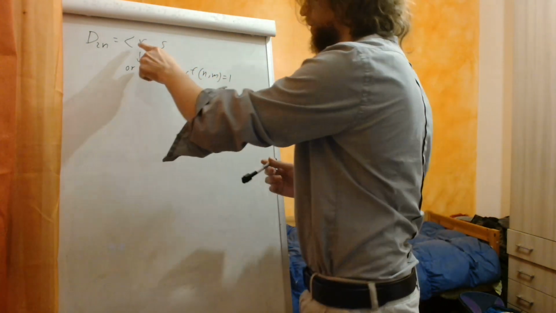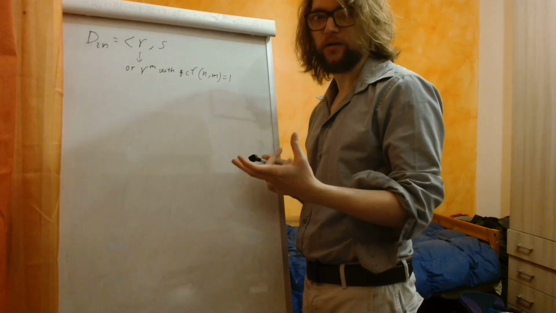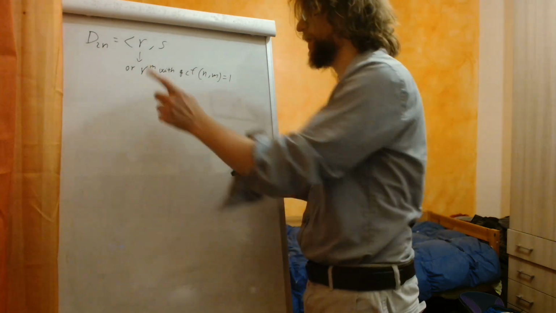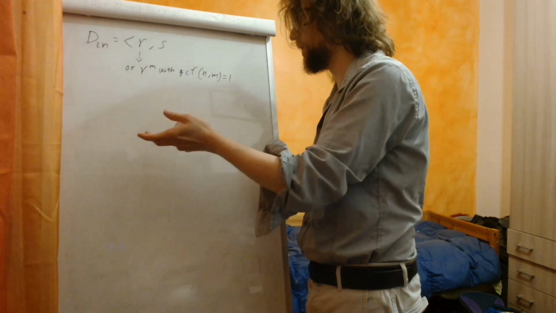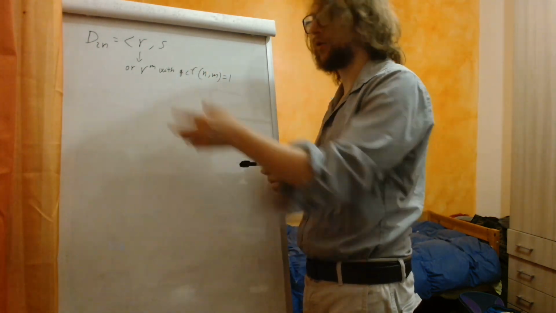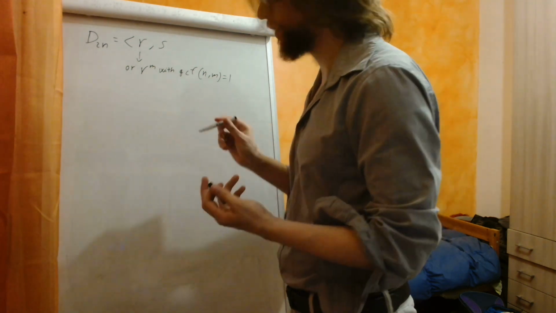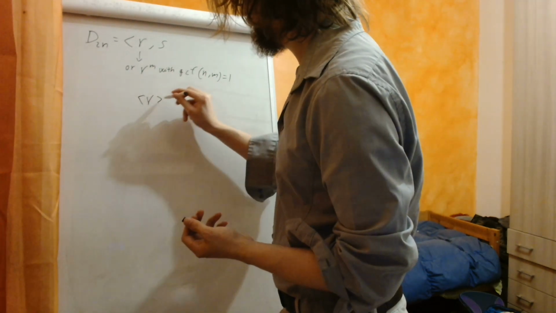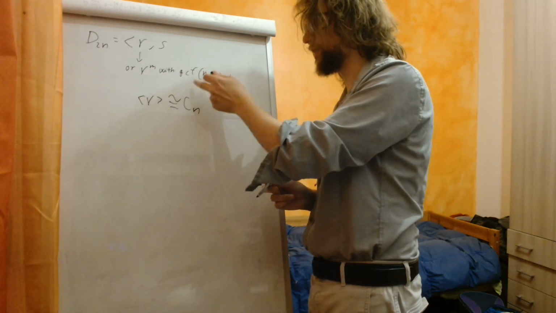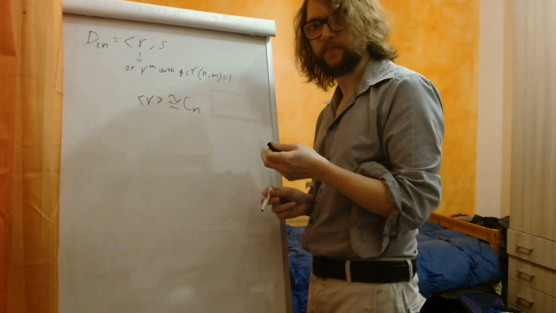One is a rotation, which is the rotation of the minimum angle, or any rotation which allows you to reach all the other rotations, so any r to the m such that the greatest common divisor of n and m is 1, because of course the subgroup of rotations is isomorphic to Cn, and we have seen that all the powers r to the m, with gcd of m and n equal to 1, generate the group.